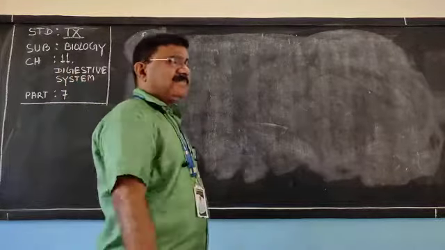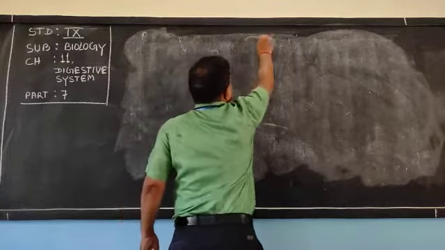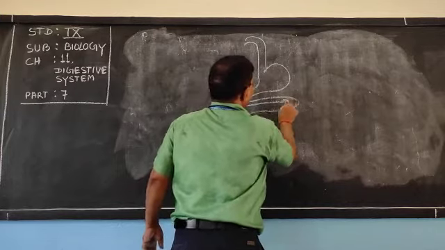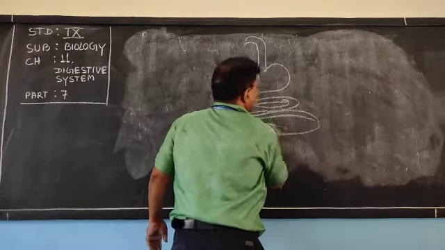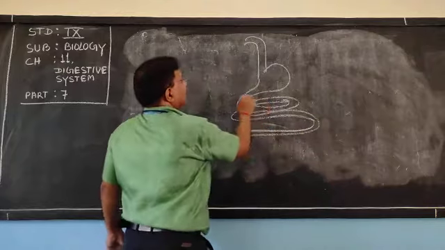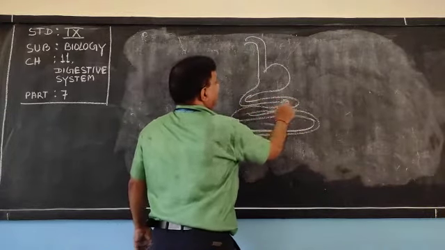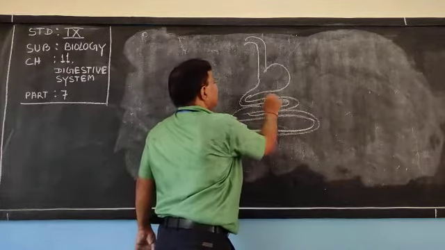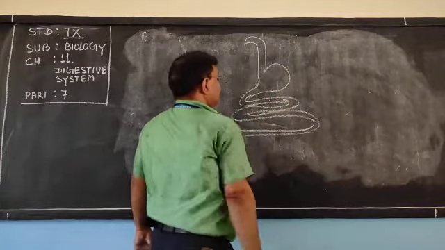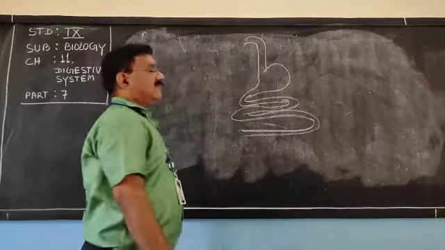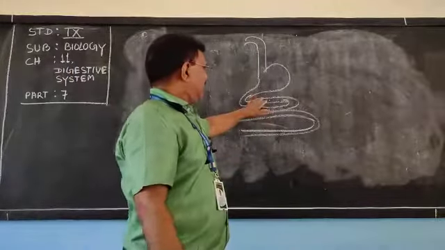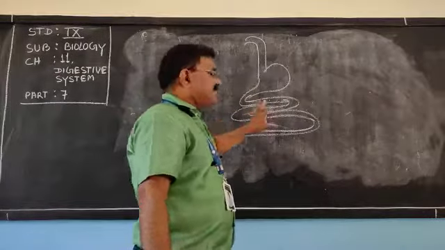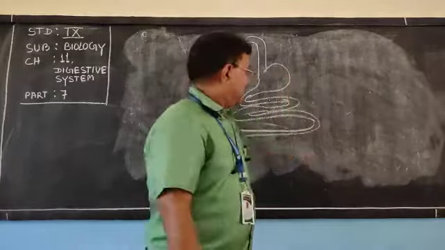What happened to the other part? See here. Stomach, small intestine, and here the duodenum, jejunum and ileum, the three parts of the small intestine.